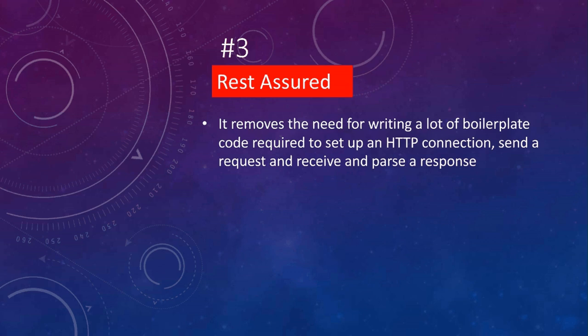For example, if you're working on Java, you need to write some code on the basis of the HTTP client library. This code you don't need to write when you are using Rest Assured. Those are around 8 to 9 lines of code, but that has already been coded in the Rest Assured library. You can directly use this library in your Java code and you can create your scripts for testing API.